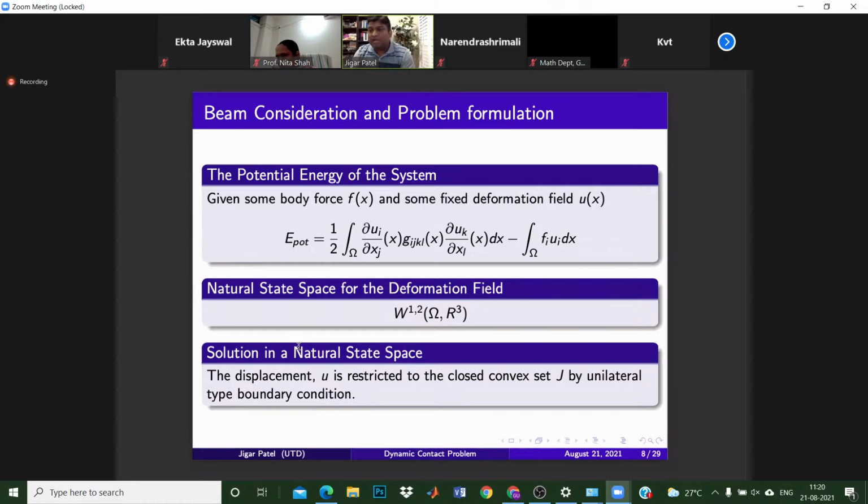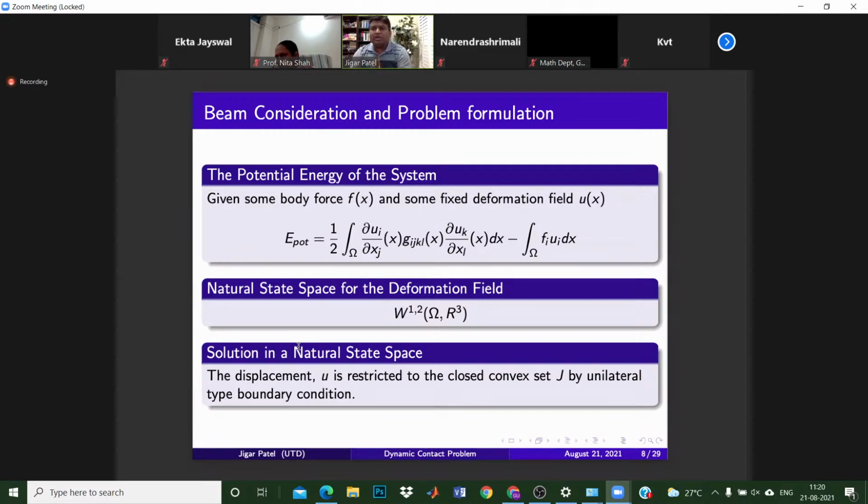We will get a series of perturbed problems, and that together is going to give us the solution of this dynamical problem. The displacement u that we are going to look for is restricted to a convex set J by the unilateral type boundary condition. Now let me tell you what the unilateral type boundary condition is.